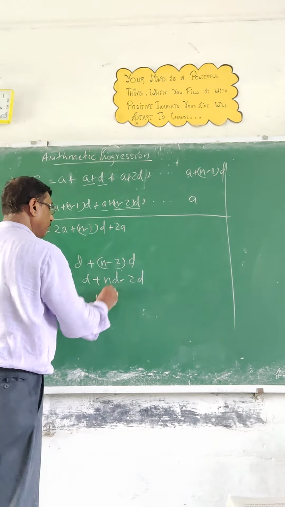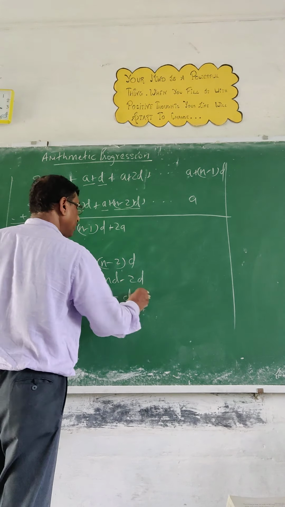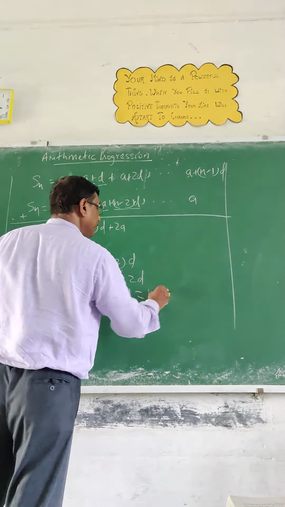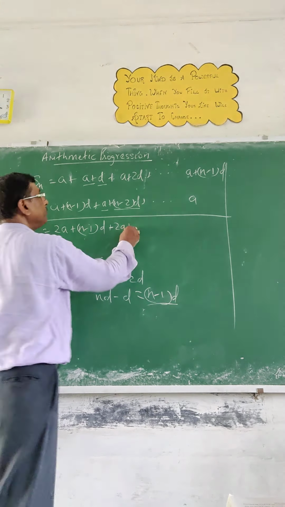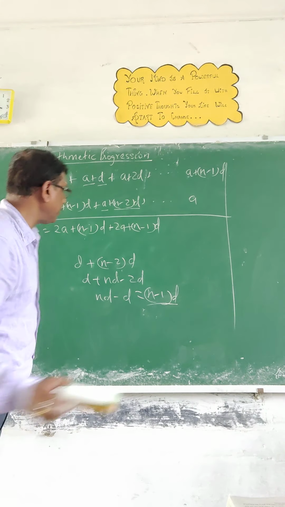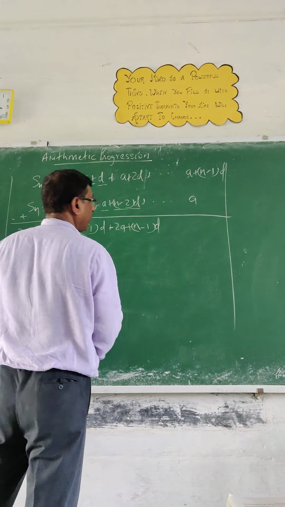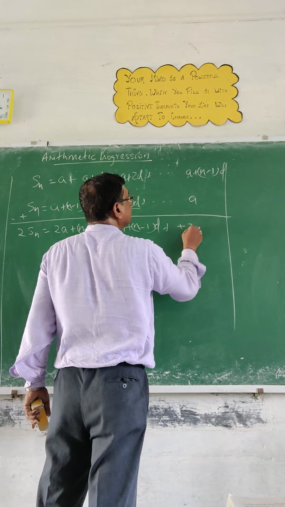So see what we get: nd minus 2d plus d. How much? Minus 2 plus 1. Take d common. Can you see? You are getting the same thing. So now you can see, in the last, again you will get the same terms.